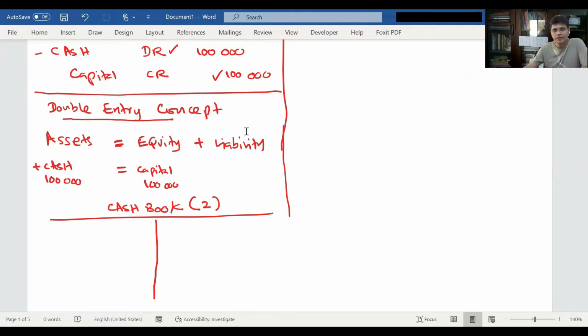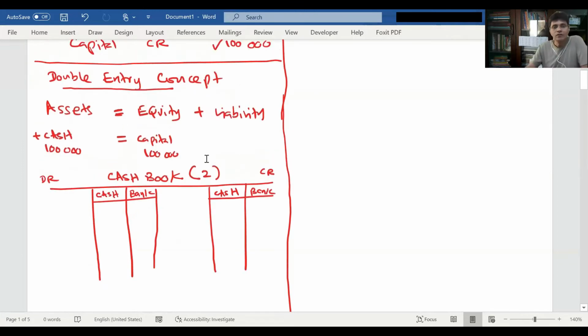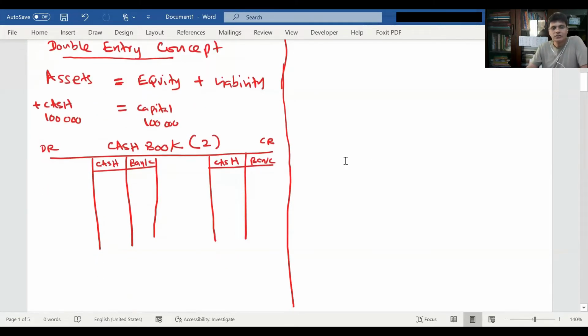Now the owners have invested 100,000, so he has to debit the cash book, and the capital account will be credited. Is that clear?